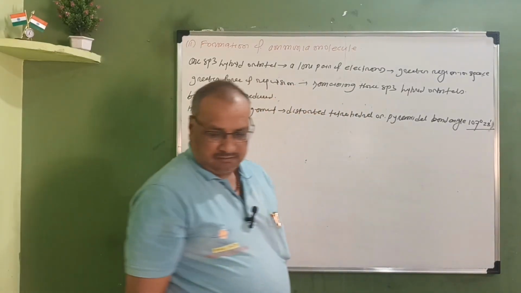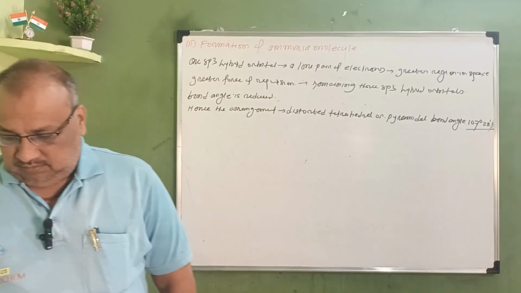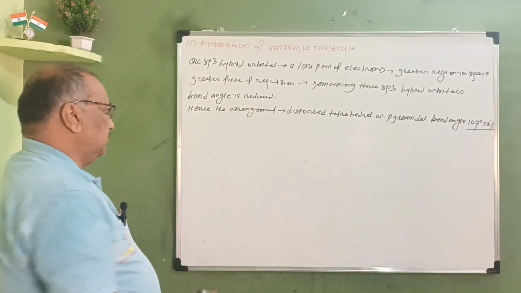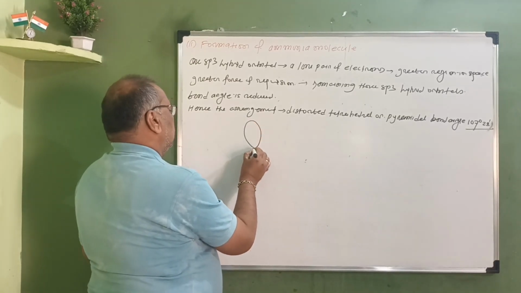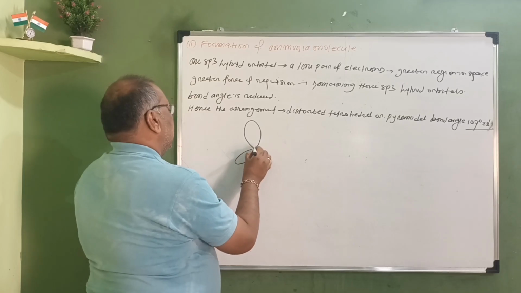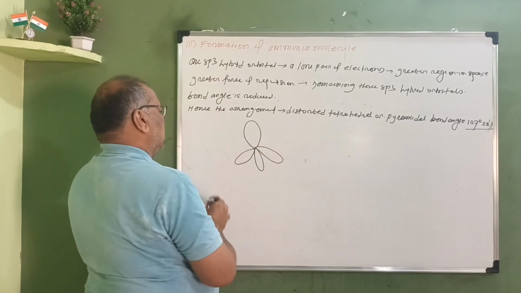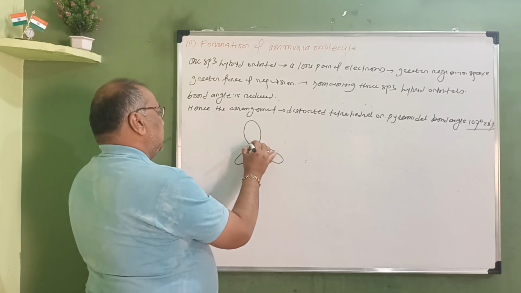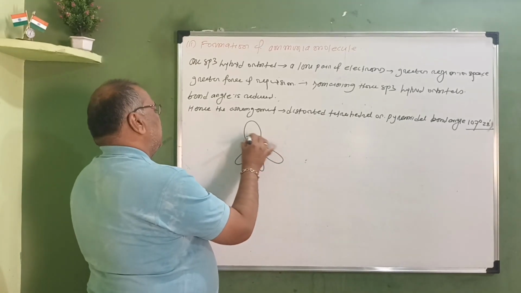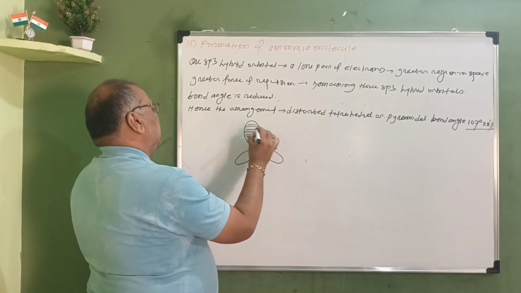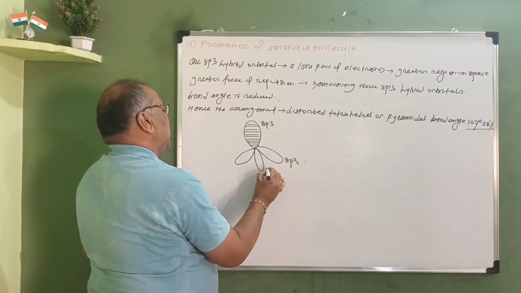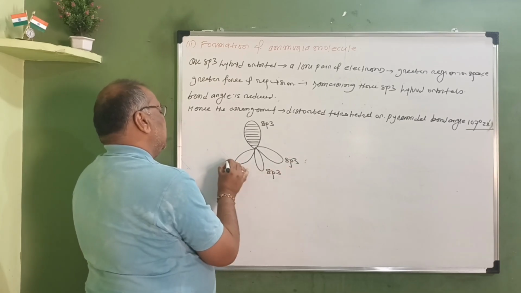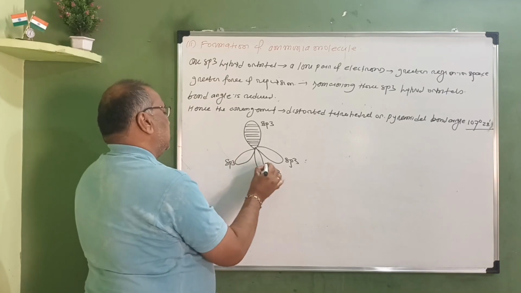That means here draw this diagram. This contains lone pair of electron. This is one sp3, this is another sp3, this is third sp3, and this is fourth sp3.